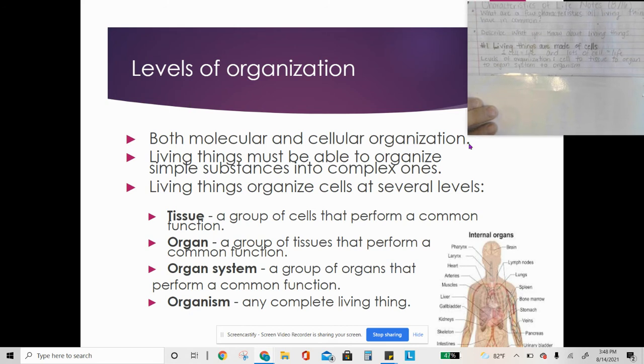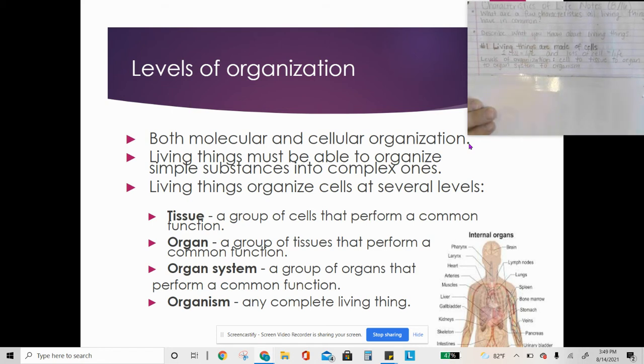So the level of organization that we see here with humans is that a bunch of cells are going to be making up tissue. And a bunch of tissue will make up an organ. Many organs will make an organ system, and organ systems added together make an organism.